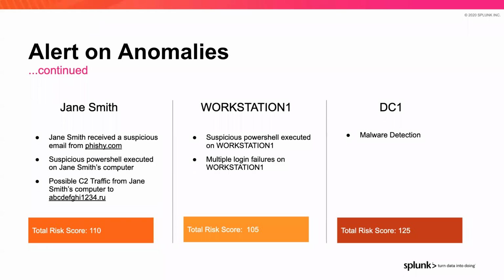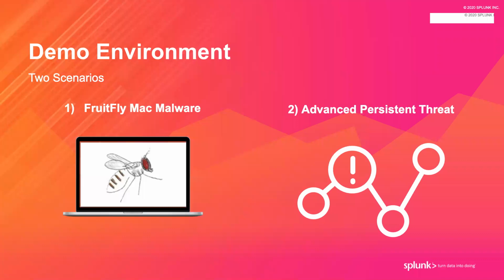Is that all we had so far, John? Yep, that's it. Okay, so this demo is based on the Boss of the SOC V2 dataset. I believe there's another one in the works for the V3 dataset to keep it modern and up to date. But we're going to look at 2 scenarios. The first being a single device with a piece of malware on it.